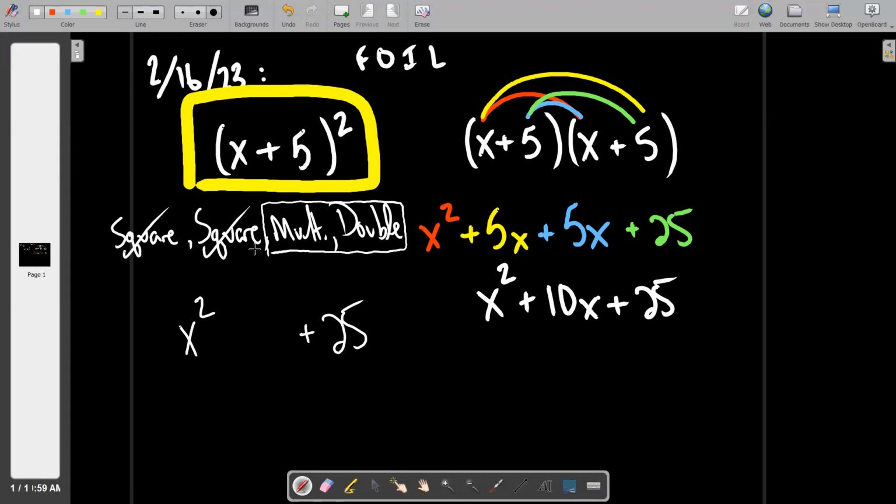It's a quick boom, boom kind of thing. When I say to multiply, what I mean is this. You take your two items in your parentheses, x and 5, and you multiply them together. What do you get? 5x. Double that. What do you get? 10x. Stick that in the middle, and you're done.